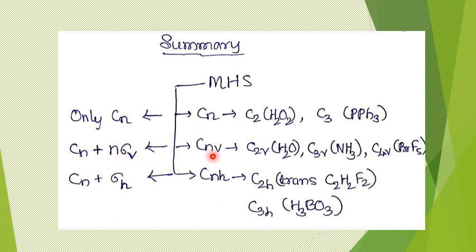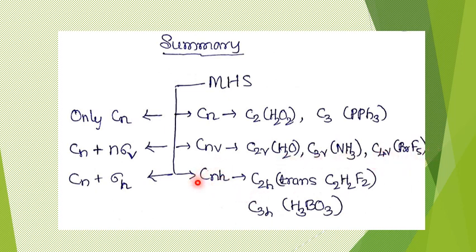That takes the molecule to Cnv, of course with no other symmetry elements present. Examples: for C2v water, for C3v ammonia, and for C4v BrF5 was taken.